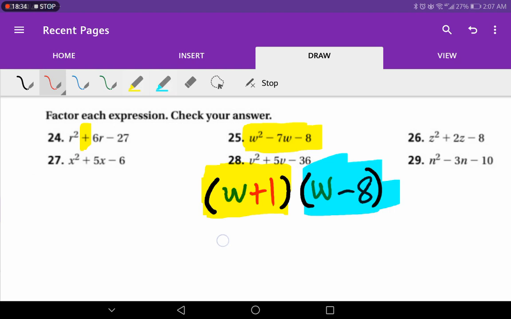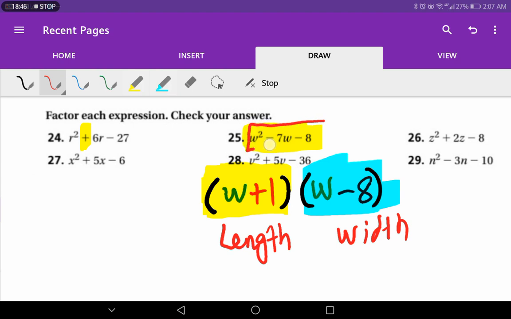So if you are given any question like this, find the length and the width for any quantity, don't be scared, just factorize it like this as you learned. Okay, my dear student, then you say this is the length and this is the width as you see here. Are you happy with that?